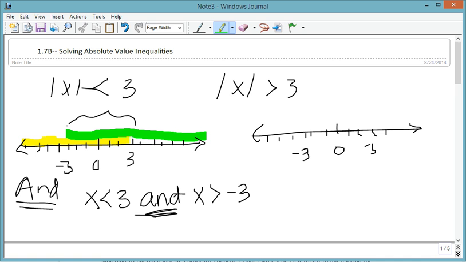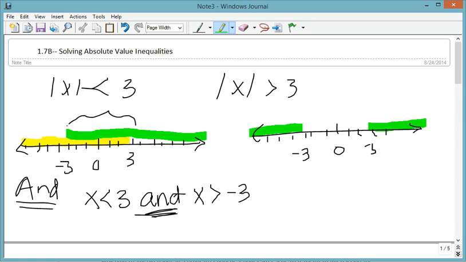So if the absolute value of x is greater than 3, it would include all these up here, greater than 3. But what about the negative? It really includes all those, but it also includes all these that are less than negative 3.